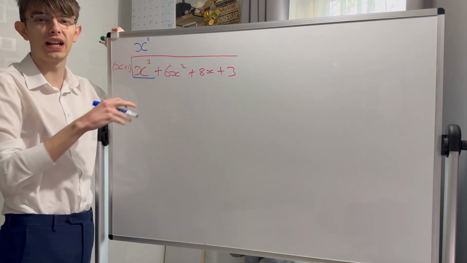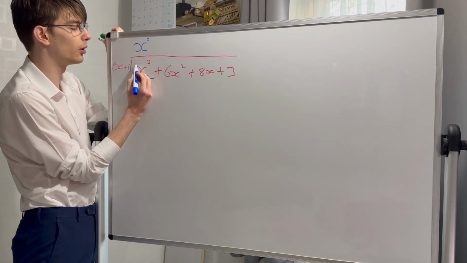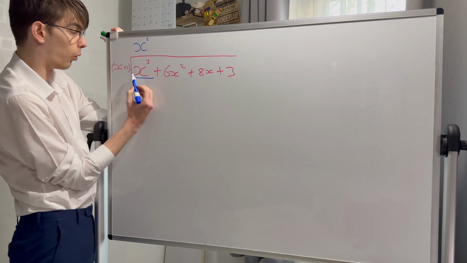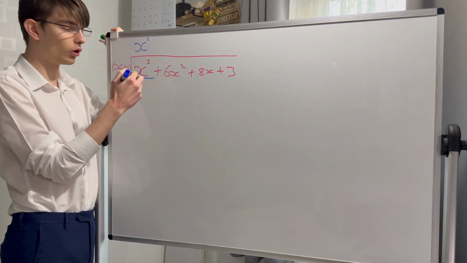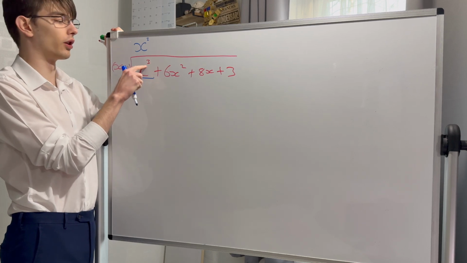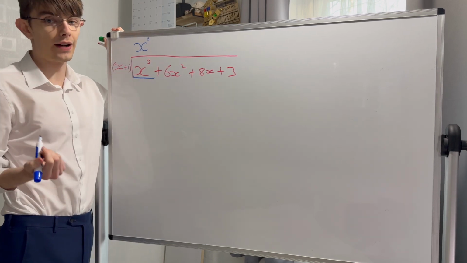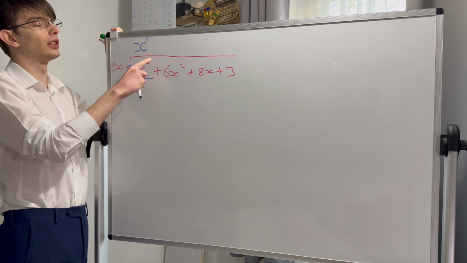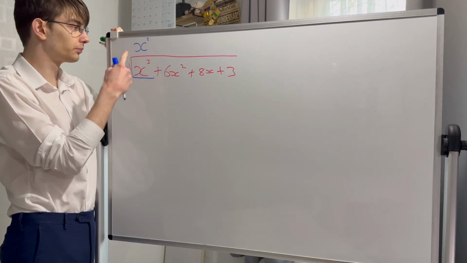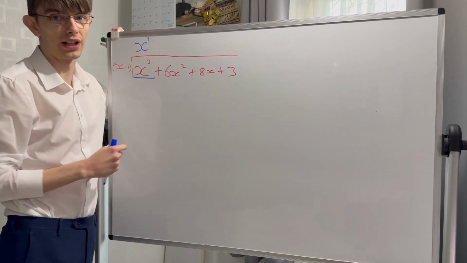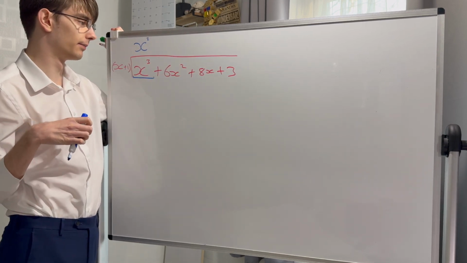I'll show you some examples in a bit where we don't have a 1 in front of this x cubed, maybe we have a 2 or a 3 or a 4. But all we need to know is we need to get rid of one of the x's. The reason is when I divide something with a cubed in it by something with just an x in it, I'm going to end up with a quadratic, and solely a quadratic.